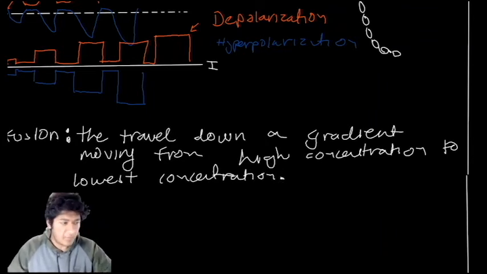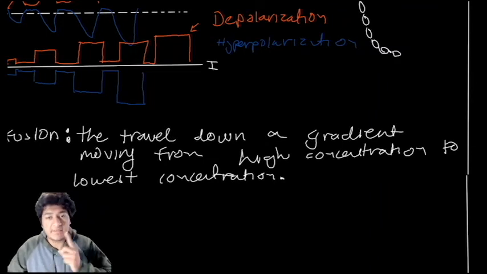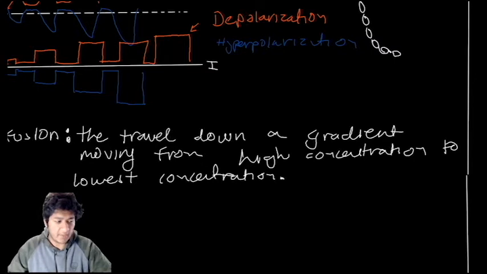So this is really important when we're talking about the diffusing of potassium and sodium. And those are two pretty important ions that are used in creating a membrane potential.